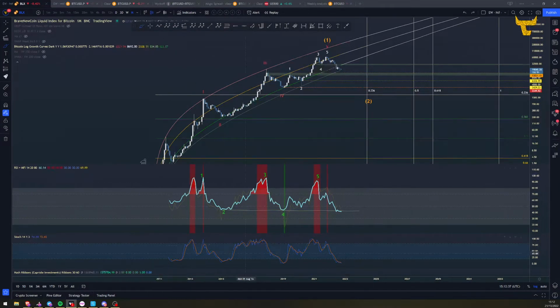And so if I'm basing my macro wave count on this, well, it means that we already have had our 3 impulses and 2 pullbacks, completing potentially a macro impulse here.